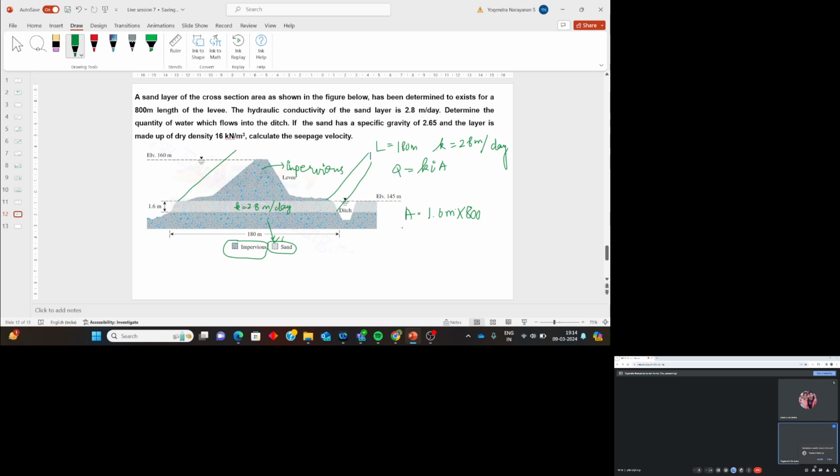Understood. Now you know Q is equal to K into delta H by L into A. You have A, you have L, you know K. What is the delta H? 15. Yes, it is 15. So now you can substitute everything here.